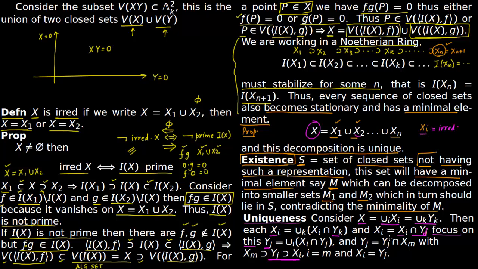So y of j would be y of j intersection some irreducible x of m. So in particular, this y of j will lie within x of m. Now x of i is irreducible, x of m is irreducible. You have to have i equals m. And so if xi is equal to xm, then xi is also equal to y of j. So this inclusion becomes equality. So xi is equal to y of j. So this is the proof for uniqueness.